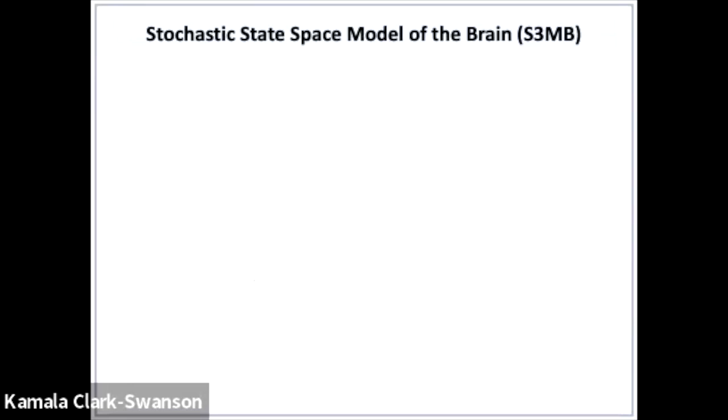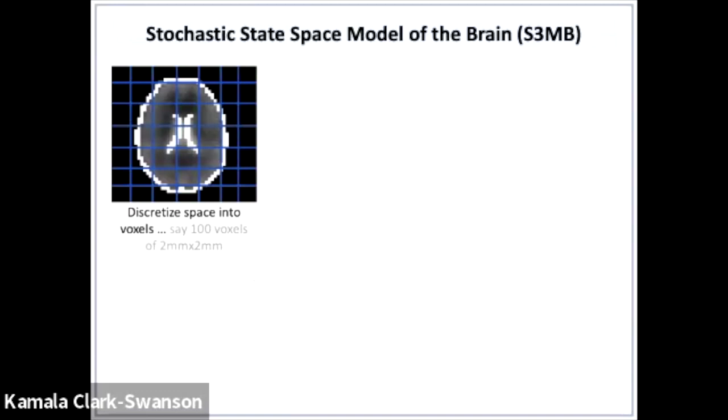What you do is you take your brain tissue and break it up into pixels, obviously not giant pixels, but tiny pixels of 2 millimeters by 2 millimeters. If you ask me why that was the choice, I will explain it to you.